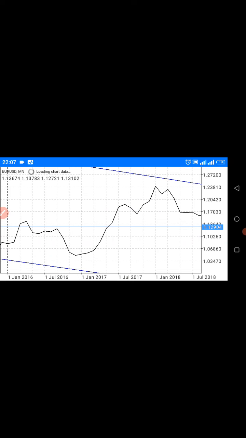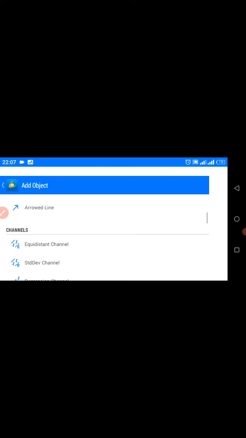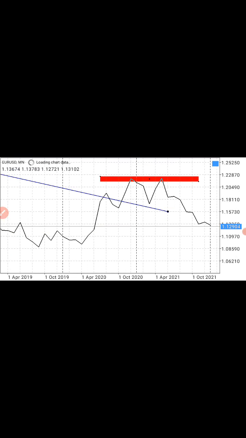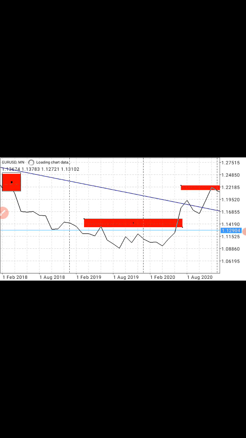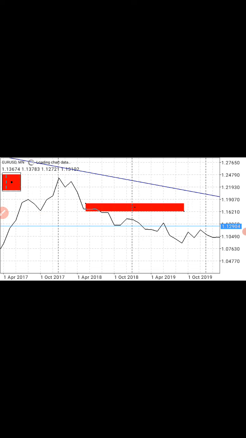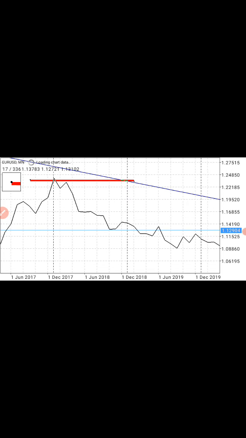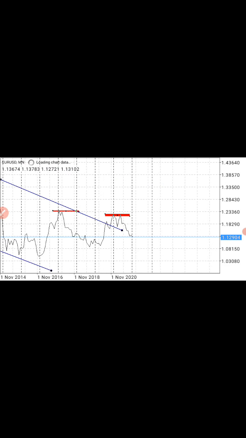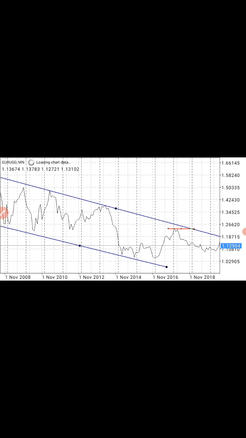You can see it, though it's a small double top, yet it still has something to capitalize on. Though it is small, we can see that it's in the right place.